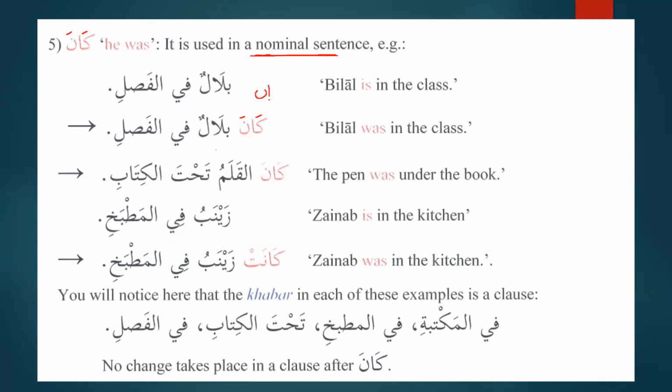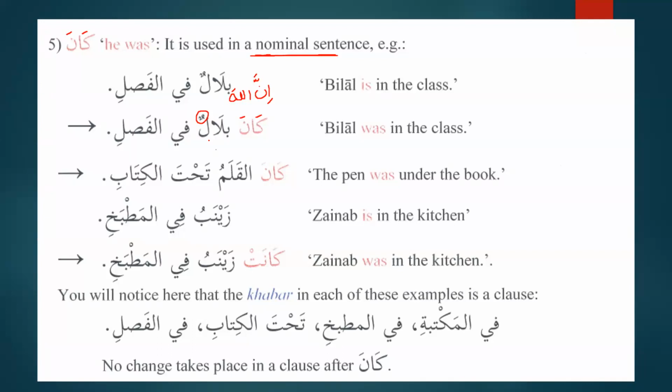Inna is used for emphasis, and kana is used for the past tense. Number two, we know that ismu inna is always mansub, inna Allaha, right? But if you look at kana, ismu kana is always marfu'.